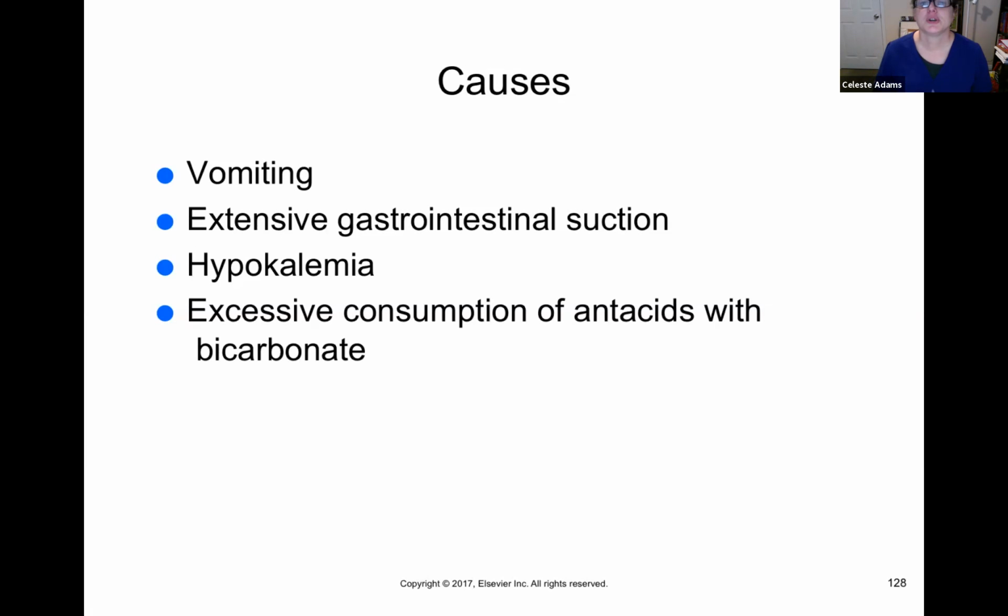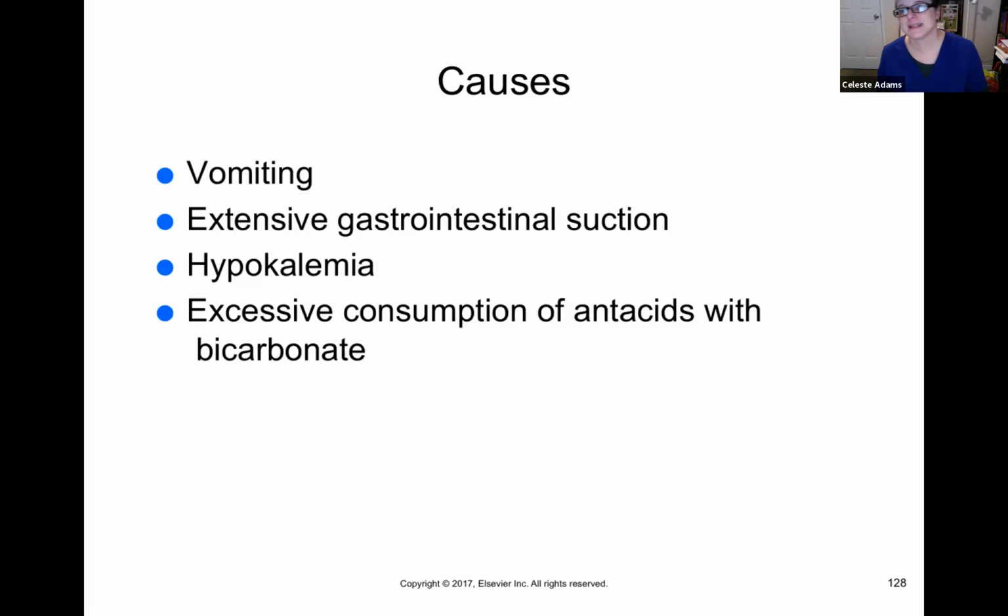So vomiting can cause metabolic acidosis, but it also can cause metabolic alkalosis. The deciphering factor is going to be your bicarb, whether it's low or high.